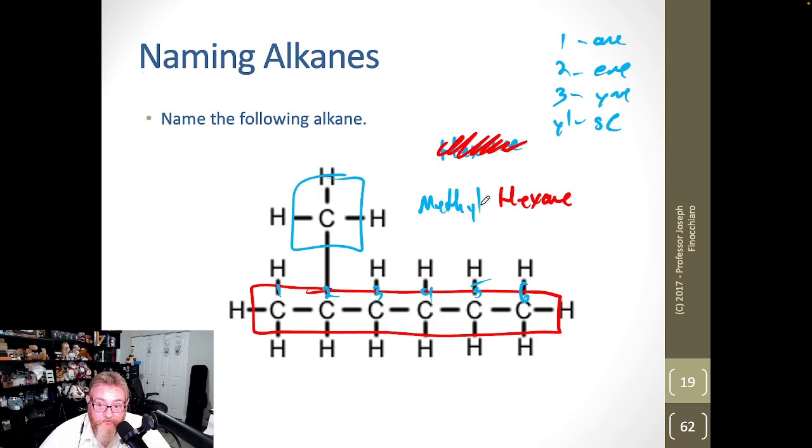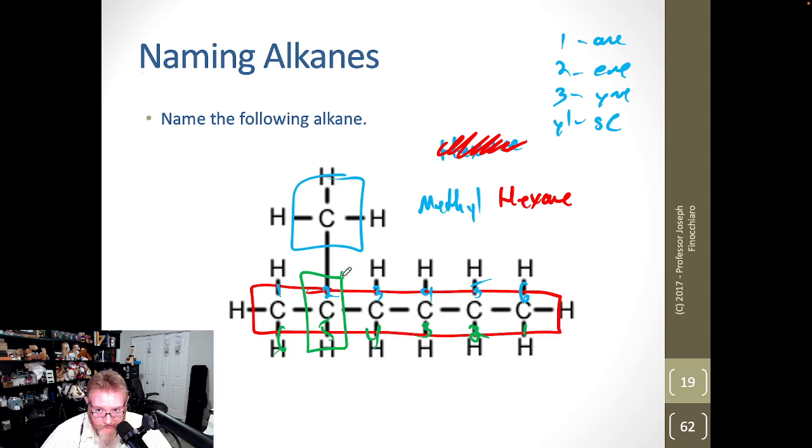We have to determine what's the proper place for the side chain. And your book says you have to do it with smallest numbers. And what you do is this: 1, 2, 3, 4, 5, 6. In this case, and folks, when you start off, this is what you do every single time.